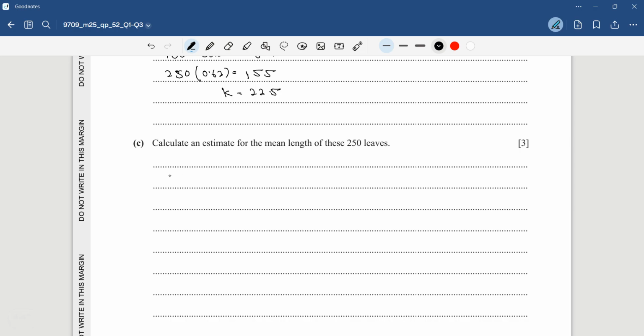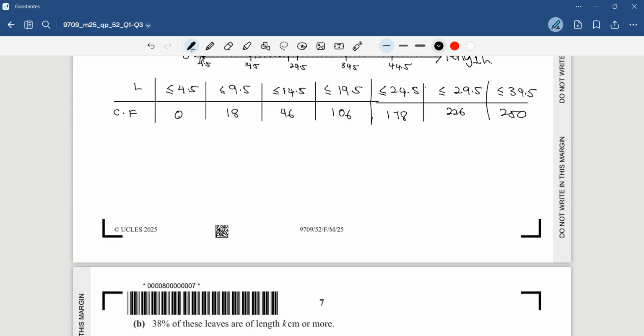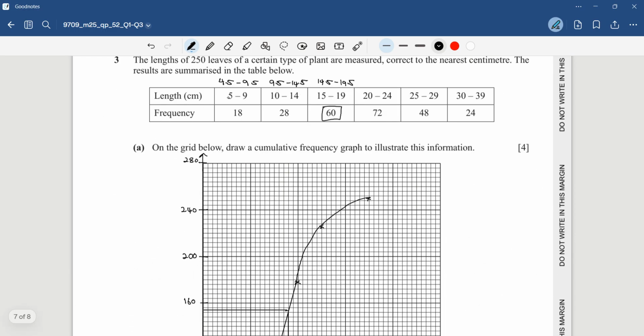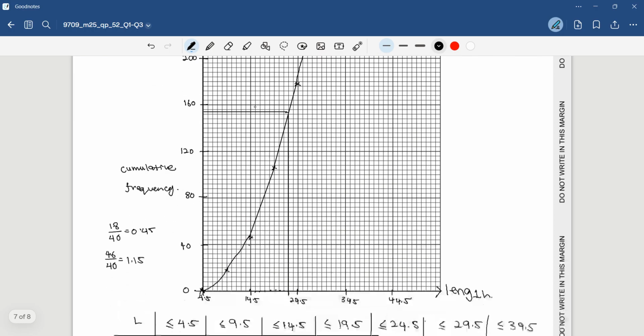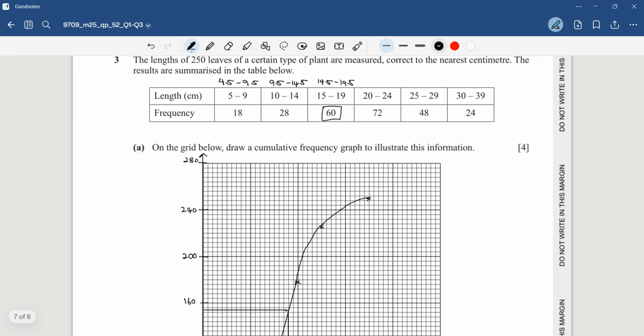Okay, now calculate an estimate for the mean length. To calculate the mean length estimate, this is grouped data. So it's going to be the midpoint multiplied by the frequency, divided by the total frequency. So the midpoint of each class, you can write here 7, 18.